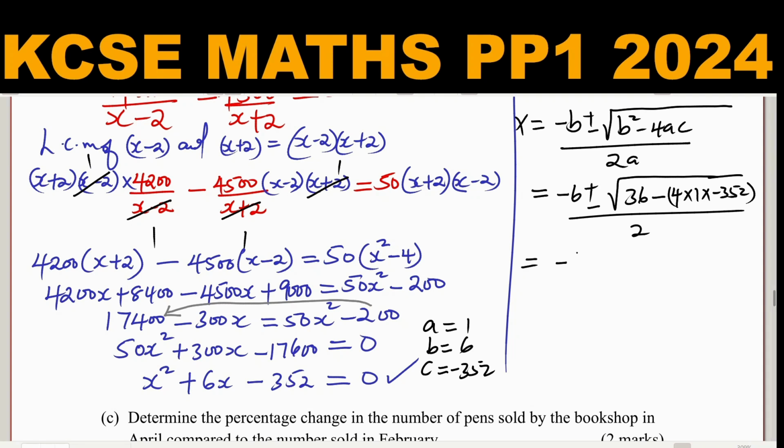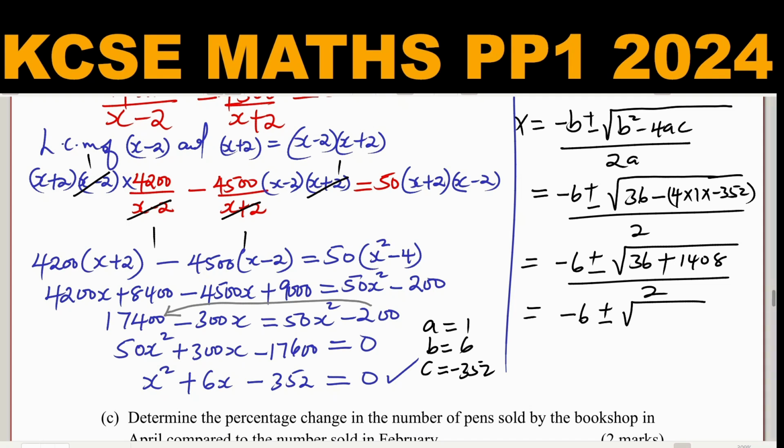So this will give minus 6 plus or minus the square root of 36 plus 4 times 352, which is 1408, everything divided by 2, which will give negative 6 plus or minus the square root of 1444, divided by 2.